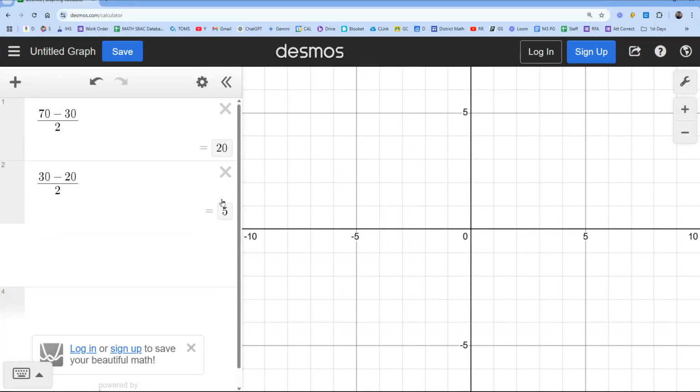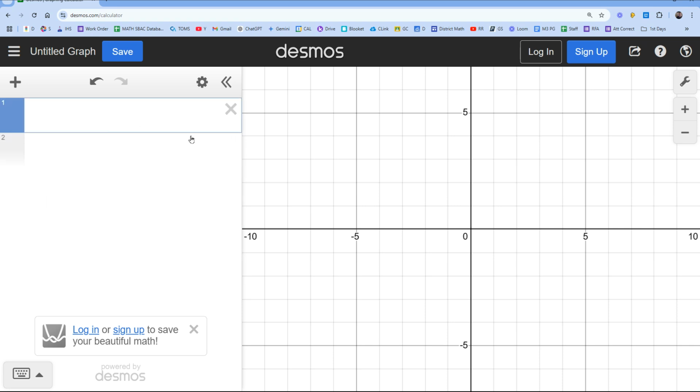So let me erase these. So I'm going to write 1 cubed, then it is subtract parentheses 2 times 1 plus 1 squared.